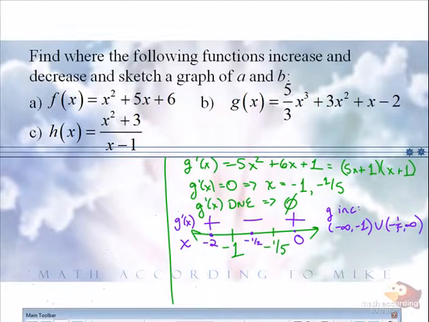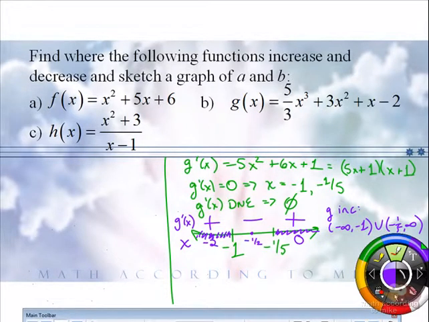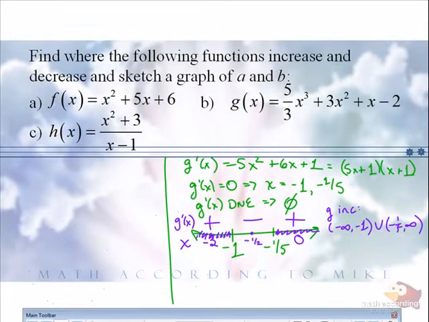So that section there, positive. This section here, positive. And this is where the derivative is negative. So that means the function is what? Decreasing.